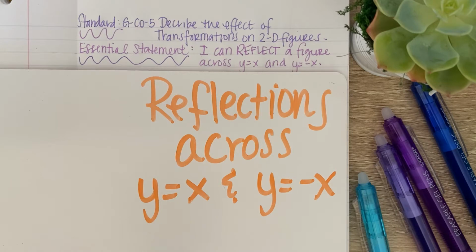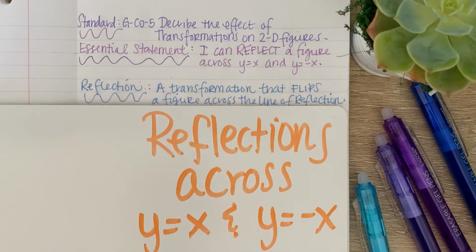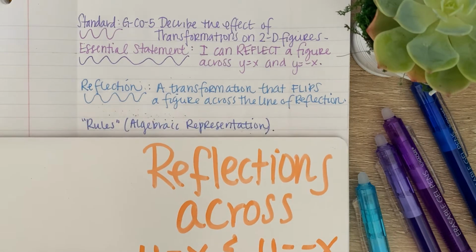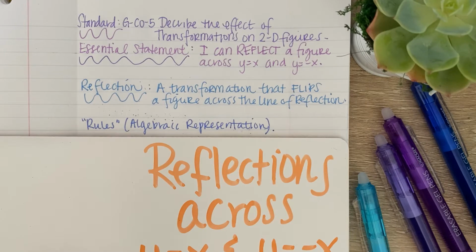So let's review what a reflection is. A reflection is a transformation that flips a figure across the line of reflection. So it becomes a mirror image. Okay, and then we have our rules, or the algebraic representation of what we are doing.